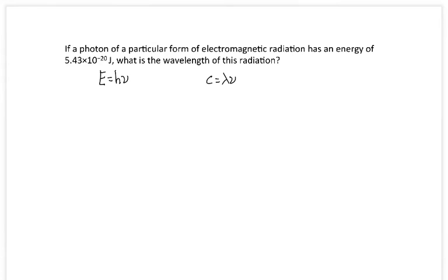So I'll take the first equation, I'll divide both sides by h. So the frequency is energy divided by Planck's constant. So the energy is 5.43 times 10 to the -20 joules. Divide that by Planck's constant.